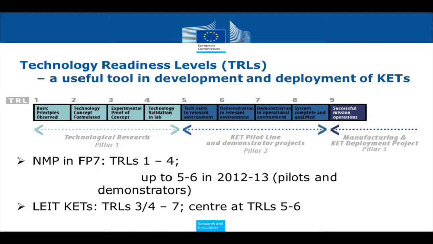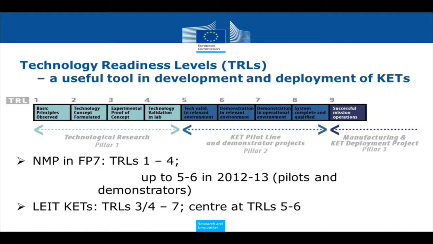So just to remind you, these are the scale of technology readiness levels. As most of you know, technology readiness levels have been used before in many different contexts. More or less the same scale has been used in several different ways, and the definitions are somewhat different. The important thing for us, and this is one of the questions, is that these TRLs are about the maturity of the technologies, not, even if indirectly it translates, about closeness to markets.